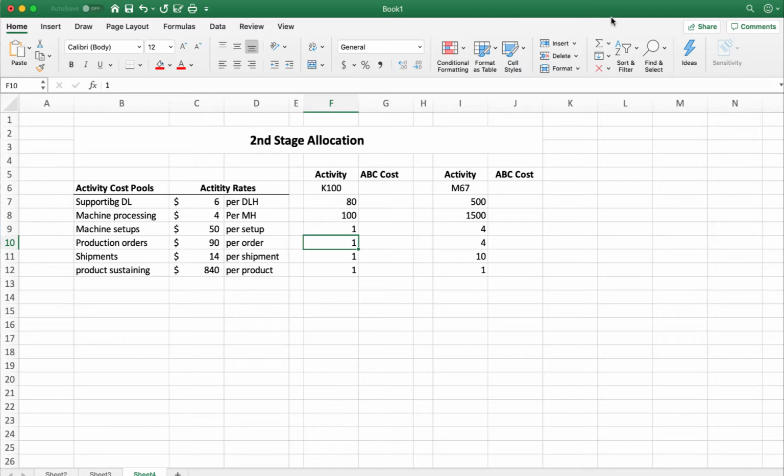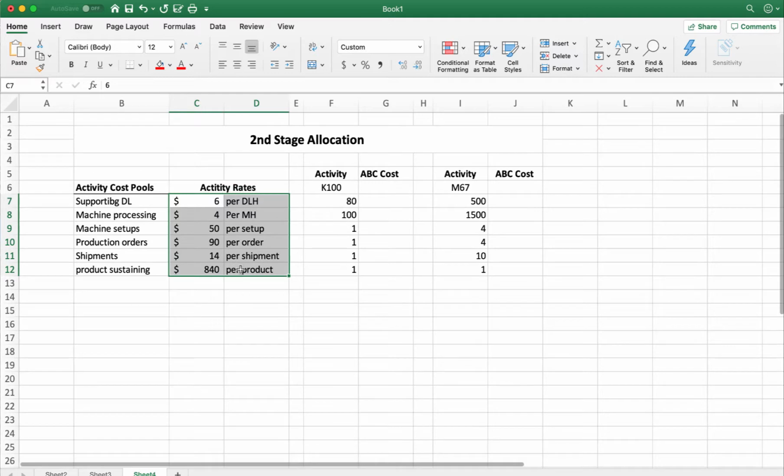We've already done that. We did the second step, which says once you've figured out the total cost of the activity cost pools, take your estimated activity and calculate your activity rates. So we have that here. We have our activity cost pools and we have our activity rates.